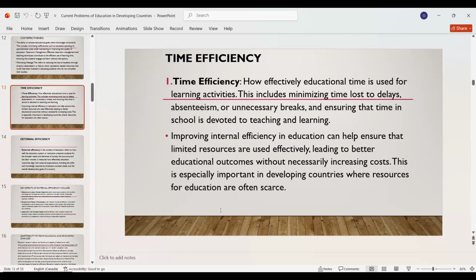And in some working places, not the schools, some organizations will start at 8:30. From 8 to 8:30, the staff have to come. So they will come at exactly 8:30.